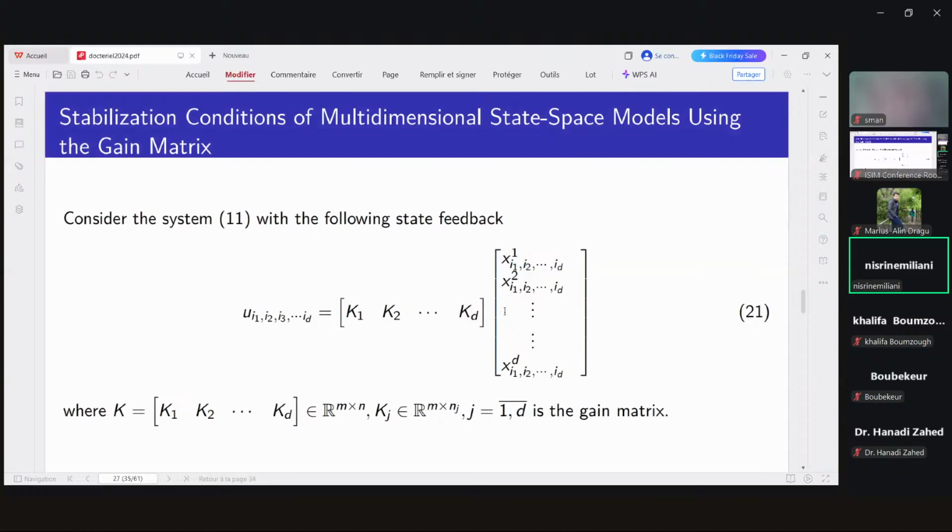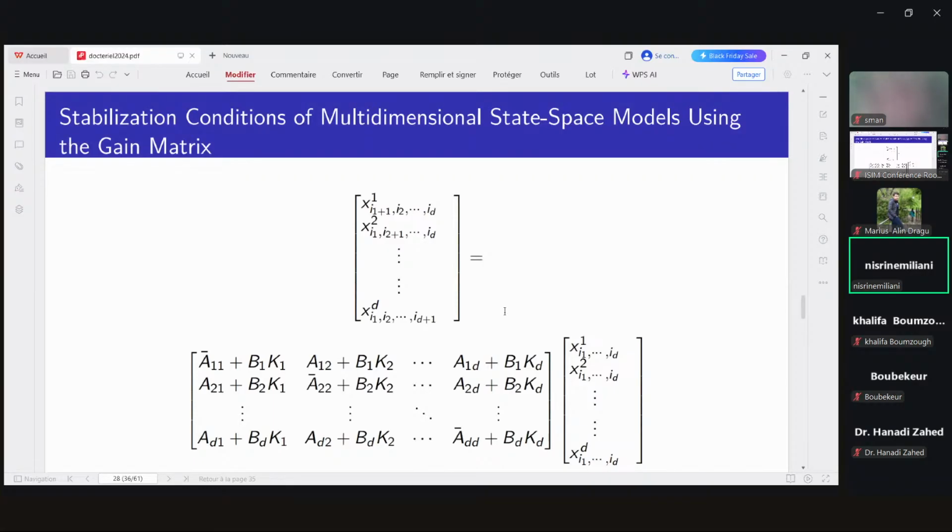Now we consider system 11 with the following state feedback, the new control, where U equals K, the gain matrix, times X, the state vector, where K is the gain matrix.